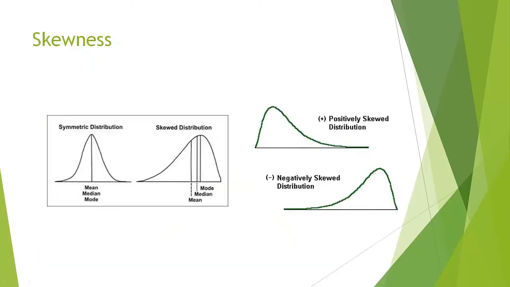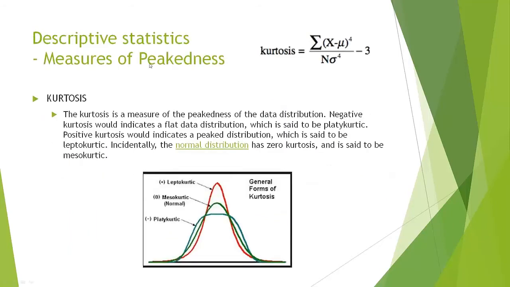And on the same curve, this is a normal distribution curve, based on the peakedness, if it is too peaked, you measure it with something called kurtosis. Kurtosis is a measure of peakedness of the data population.